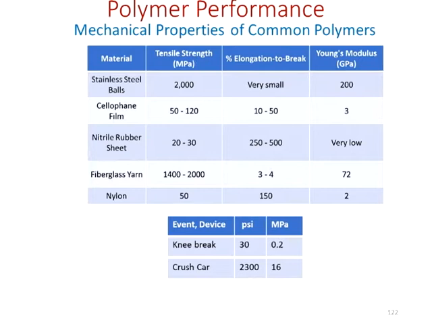And so in the case of the stainless steel, you get these units when you integrate underneath the curve, you get 200 versus 3 for cellophane, and that's to be expected. And nitrile rubber is very, very low. Okay, again, and that too is to be expected. Fiberglass is 72 and 2. Okay, so that's one set of data.